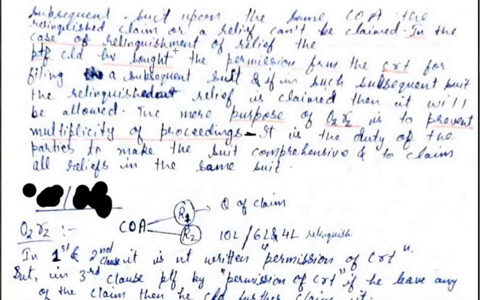In the case of relinquishment of relief, the plaintiff could have sought the permission from the court for filing a subsequent suit, and if in such subsequent suit the relinquished relief is claimed, then it will be allowed. The mere purpose of Order 2 Rule 2 is to prevent the multiplicity of proceedings.